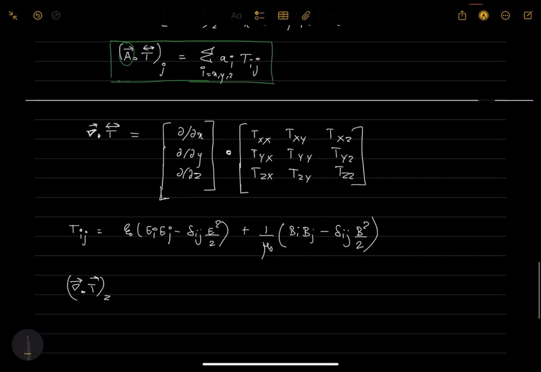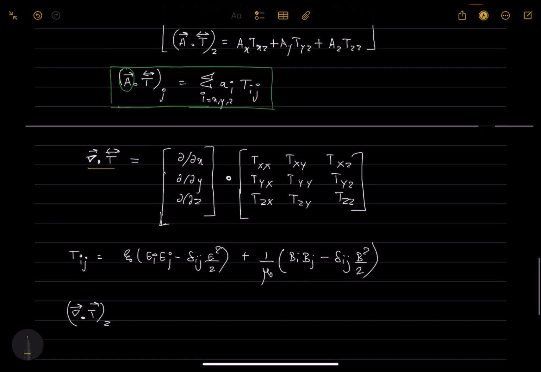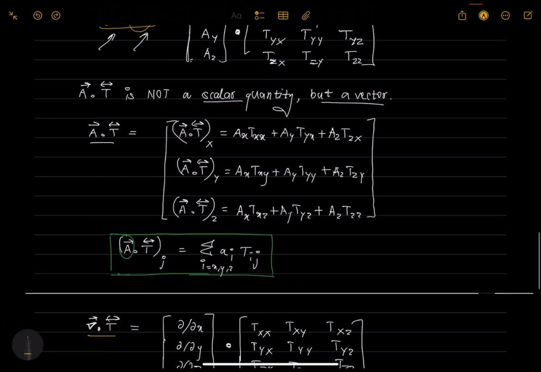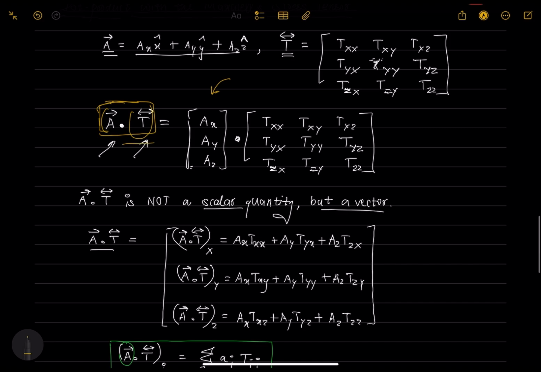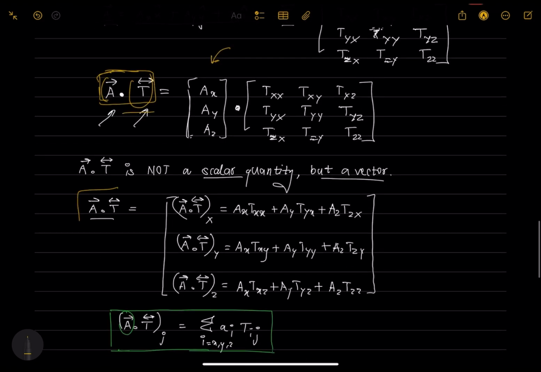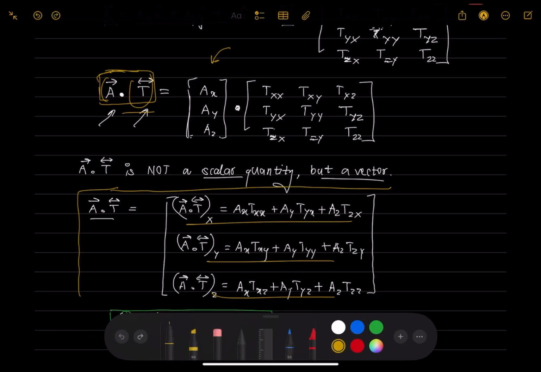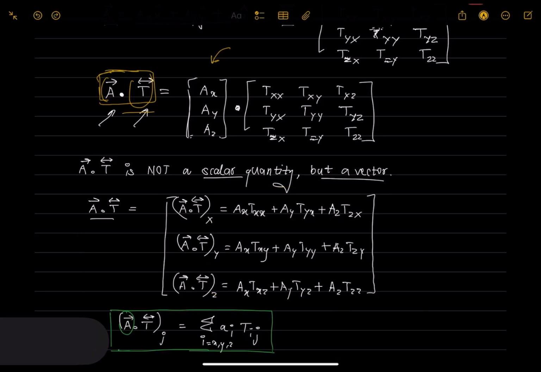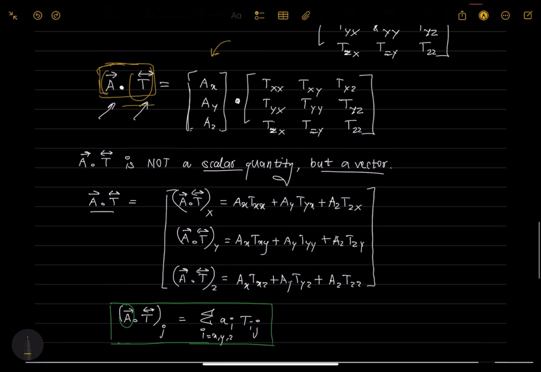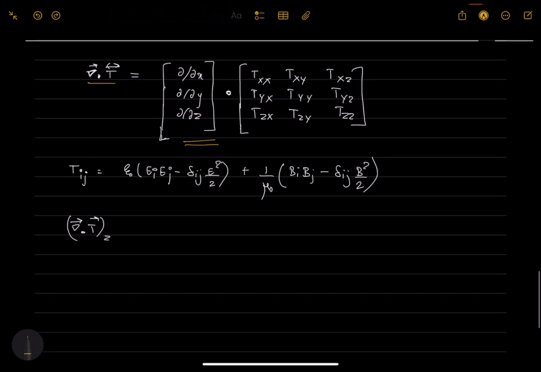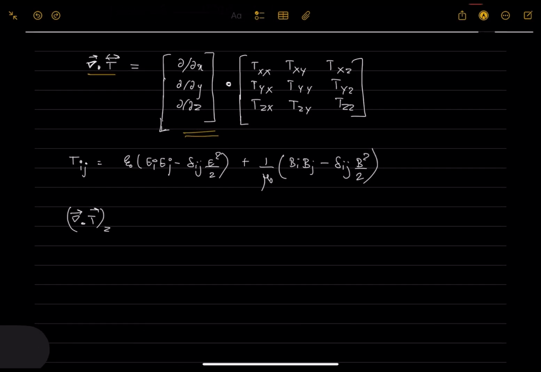One thing I have to tell you about the divergence is that it is basically the del operator dotted with the tensor matrix. The dot product was a vector quantity, not a scalar quantity. It's a vector quantity with 3 components. We had 3 components when we took the dot product of any arbitrary vector A with the stress tensor. That means the divergence is also a vector quantity.